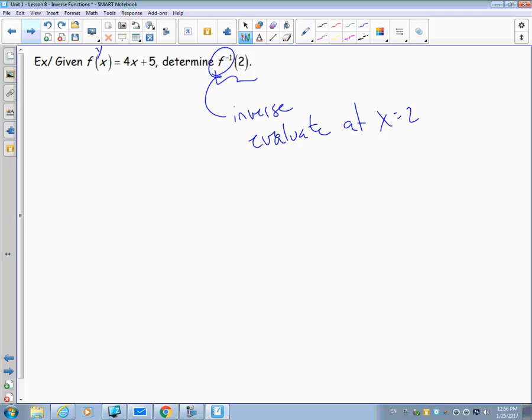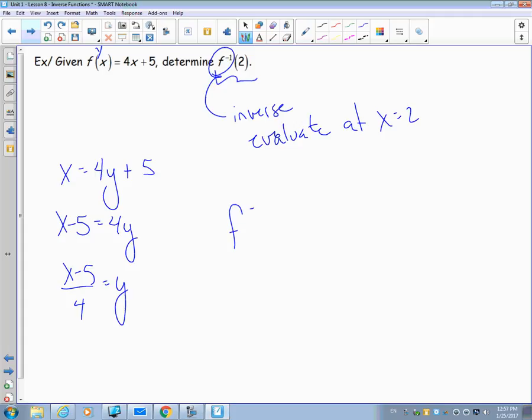Here's my y. Let's swap them. Let's rearrange it. And now I've got myself an inverse function. My inverse function looks like, that's not 2, it's a 4. This. If I want to find the inverse at 2, can I do that?